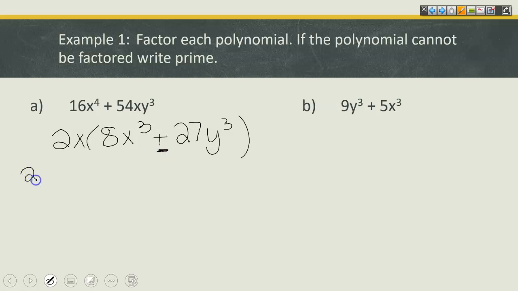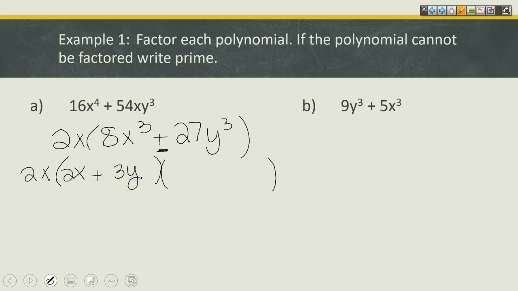So we're going to apply our new formula that says the cube root of the first, so the cube root of 8 is 2, cube root of x cubed is x. This sign stays the same. Cube root of 27 is 3, cube root of y cubed is y.